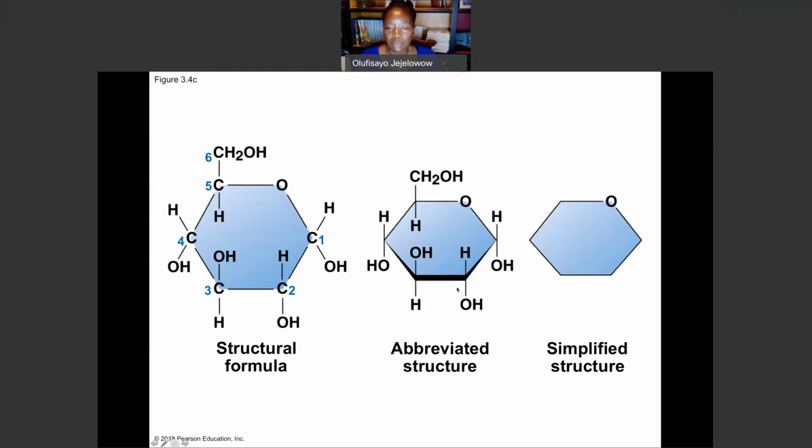The corners simply represent the carbon atoms. The only corner that's not a carbon atom retains its title so that we know that oxygen is there. And in the simplified structure, which you see in a lot of textbooks, only the oxygen corner is recognized, and the rest of the structure by familiarity is identified and recognized as such.